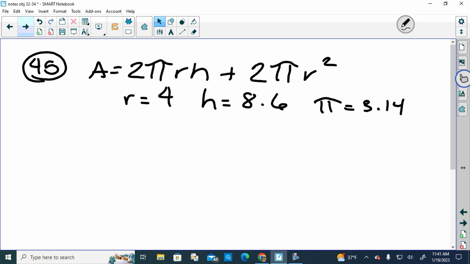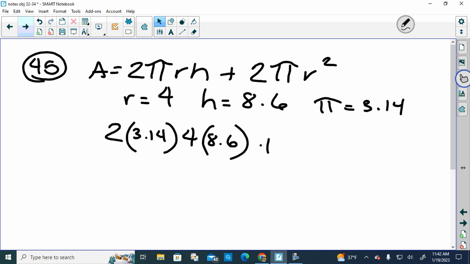Okay, so I'm just going to replace everything in here, and then we have to do our order of operations to solve it. So I have 2, and then pi, they want us to use something, so I'm going to plug in the 3.14. r, 4, and then the h is 8.6.